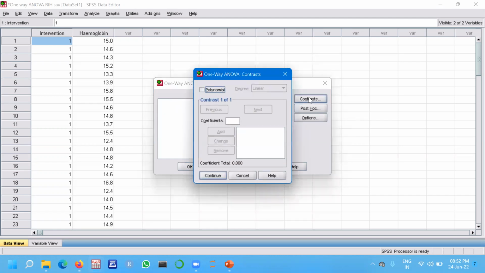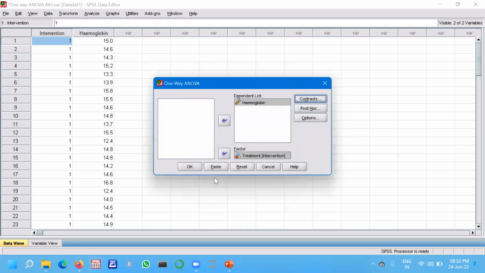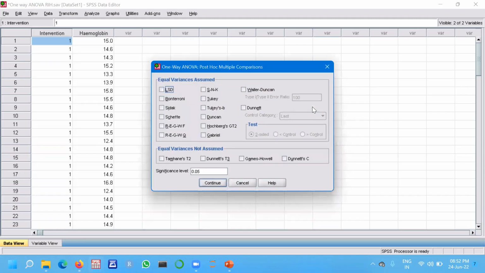Now let us see this one. Don't change anything in the contrast. Post hoc, you can very well do the post hoc. See, for post hoc analysis there are different tests: LSD, Bonferroni, Sidak, Scheffe, Tukey, then Dunnett, many are there.